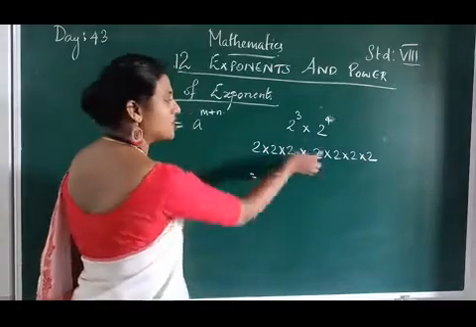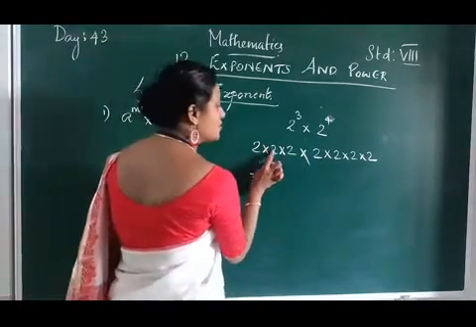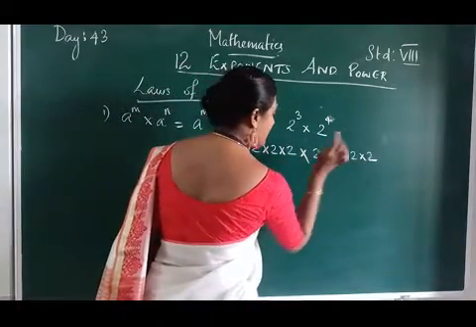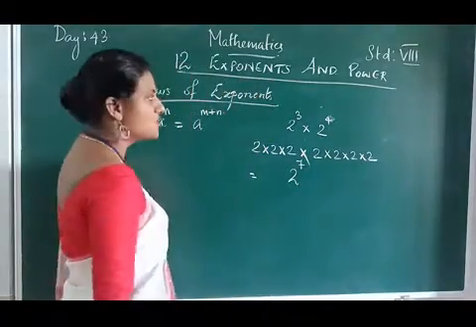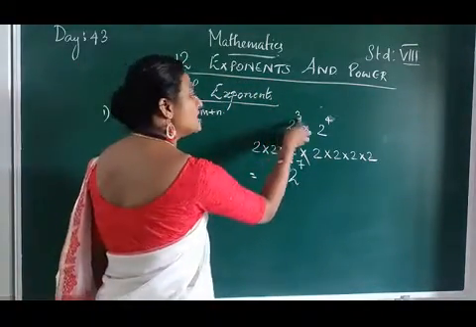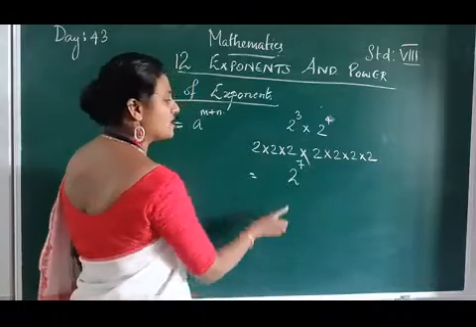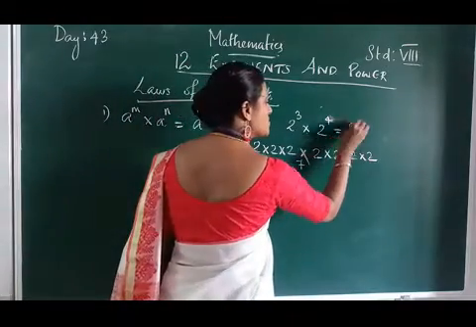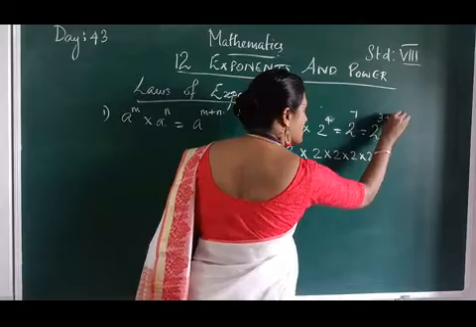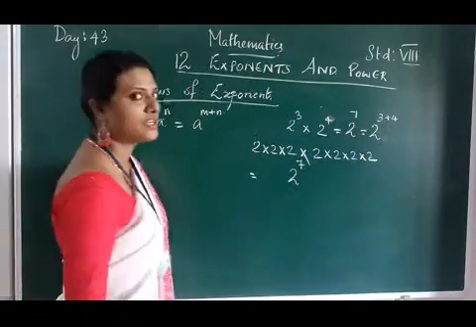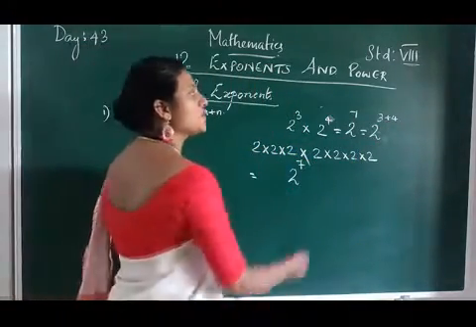Total, how many 2's are multiplied here? 1, 2, 3, 4, 5, 6, 7. All this can be written as 2 raised to 7. So 2 raised to 3 into 2 raised to 4 is equal to 2 raised to 7. How did we get that? 2 raised to 3 plus 4.